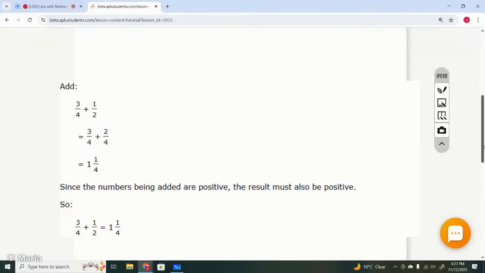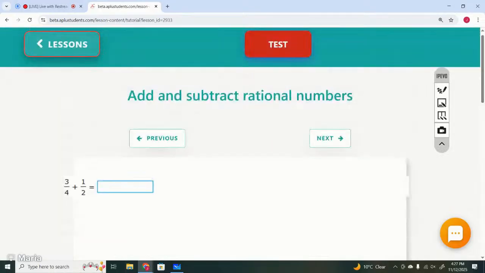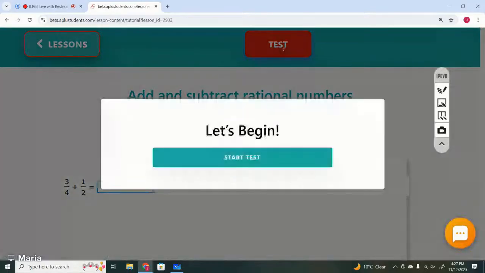We cannot add the fractions until they have the same denominator. So the first step we have to do is make the denominator the same. So the common denominator is 4. Let's make the smaller denominator equal to 4. So let's multiply this fraction by 2. That makes 2 by 4. So we need to add, that makes 1 whole 1 by 4. Let's just start with the test questions.